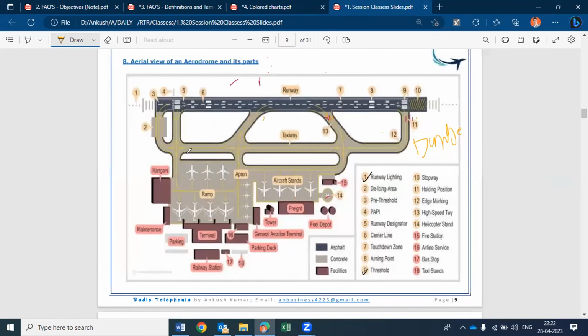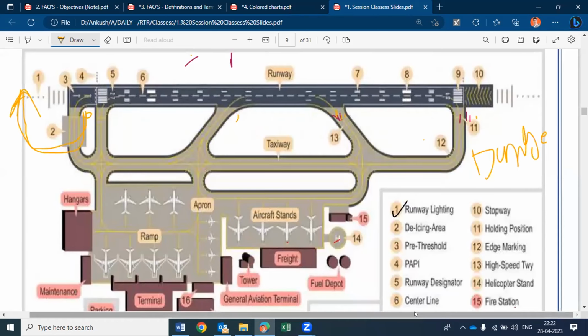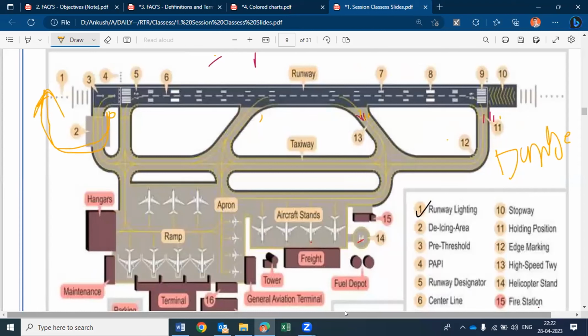an area apart from the runway. Most of the time you can see it far away from the runway. There, if you want to perform high pressure engine run up on full throttle, full idle, understood?